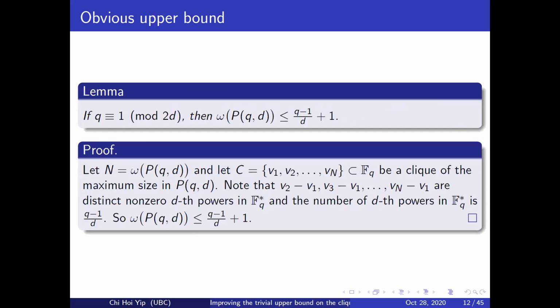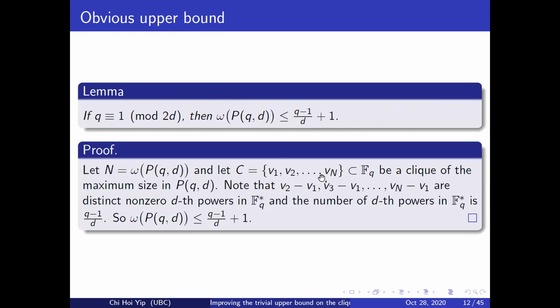And for the upper bound, we have this obvious upper bound, which is (q-1)/D plus 1. The proof is actually very simple. We consider a maximum clique C consisting of elements v_1, v_2, up to v_n.